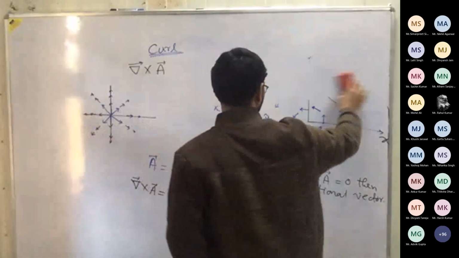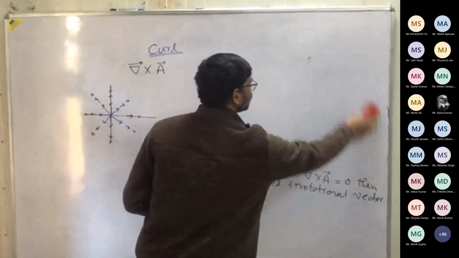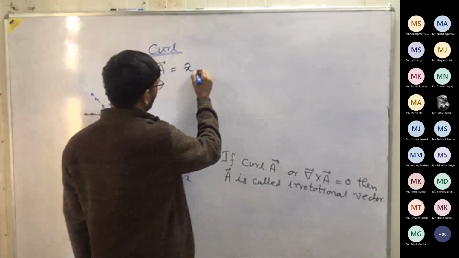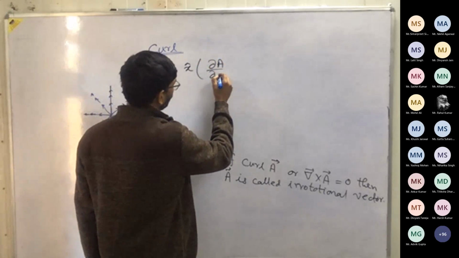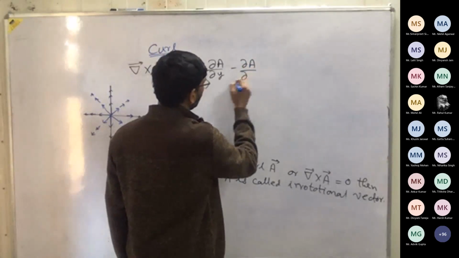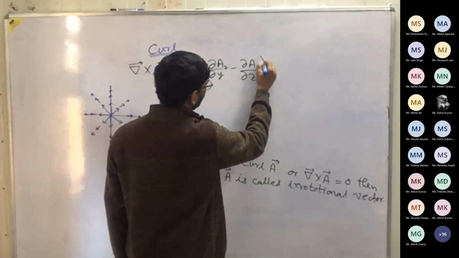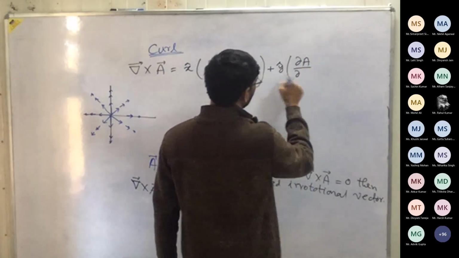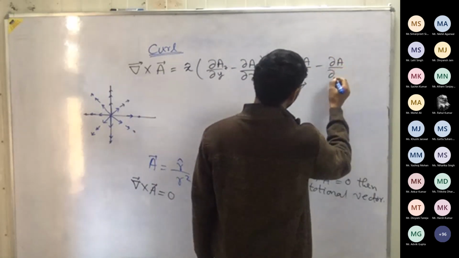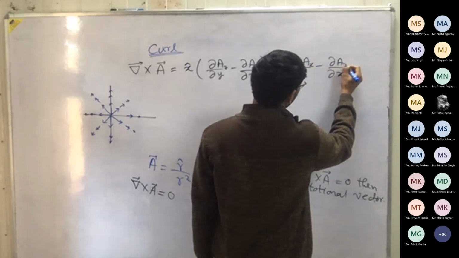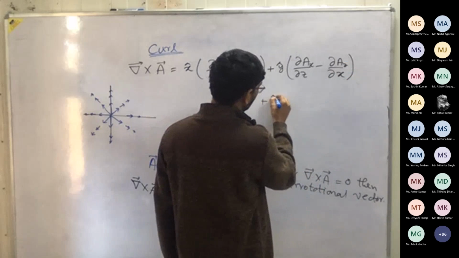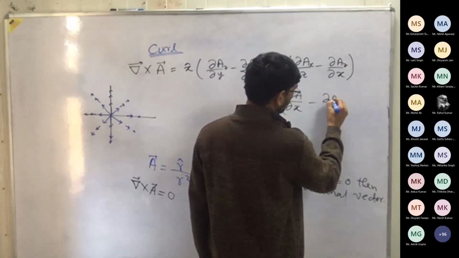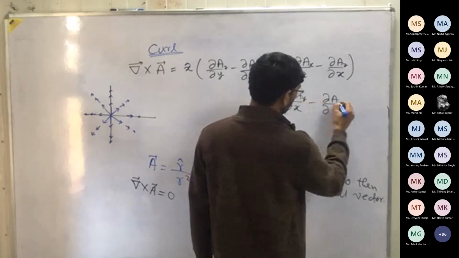So curl A is equal to, obviously it will have three components: x cap times (del Az by del y minus del Ay by del z), plus y cap times (del Ax by del z minus del Az by del x), plus z cap times (del Ay by del x minus del Ax by del y).